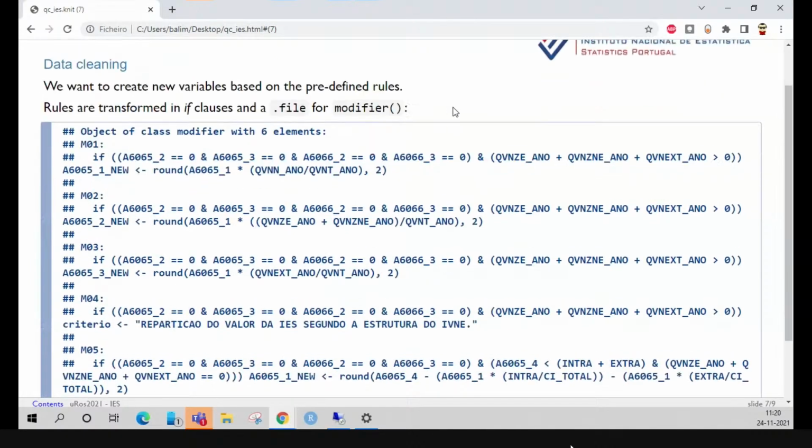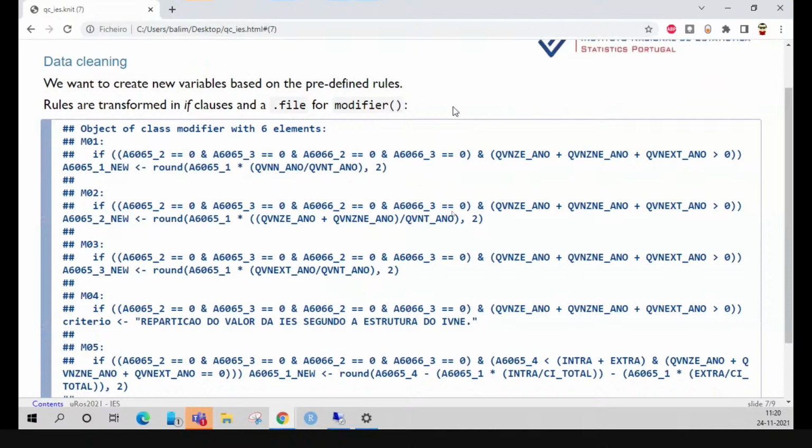For data cleaning, we want to create new variables based on the predefined rules. So the rules are transformed into if clauses, and a dot file is created as an argument for the function modify.